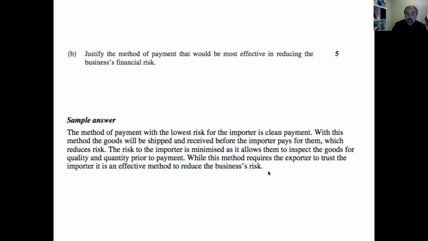So we could have a number of different answers to this question, but the way that this has been answered, there's justification. And the justification is around here about there's obviously less risk and being able to inspect the quality and the quantity of the goods before the payment is released.